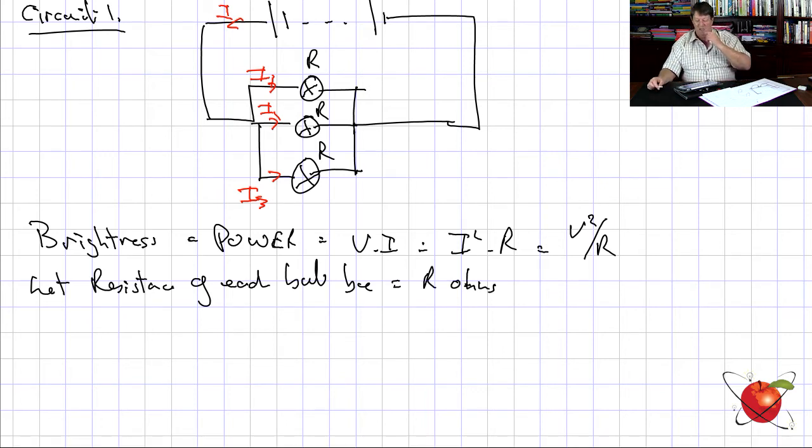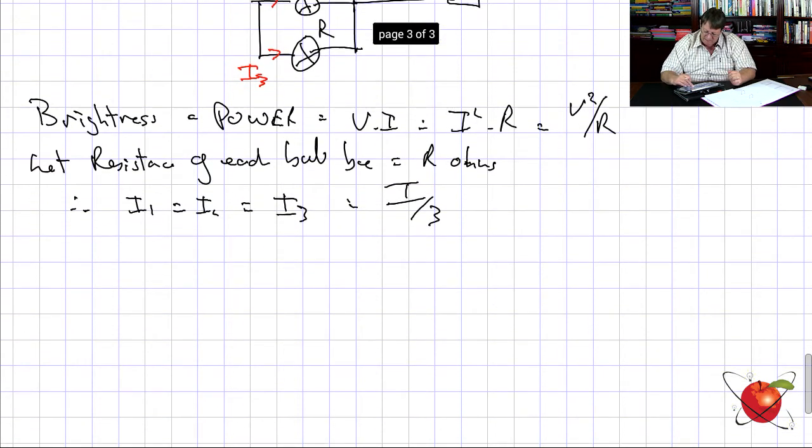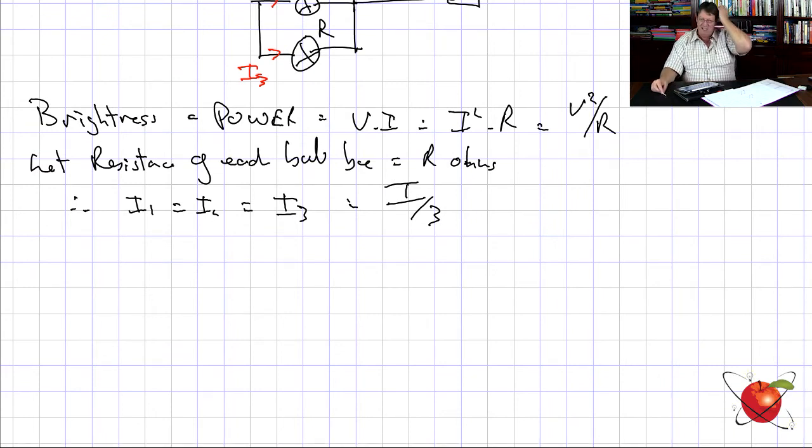So the current is going to split equally. I1 equals I2 equals I3 equals main I divided by 3. Quite straightforward. They are the same because the resistance is the same, and remember, the current flows according to the resistance. If there's no resistance, the current's going to go that way, like water does.